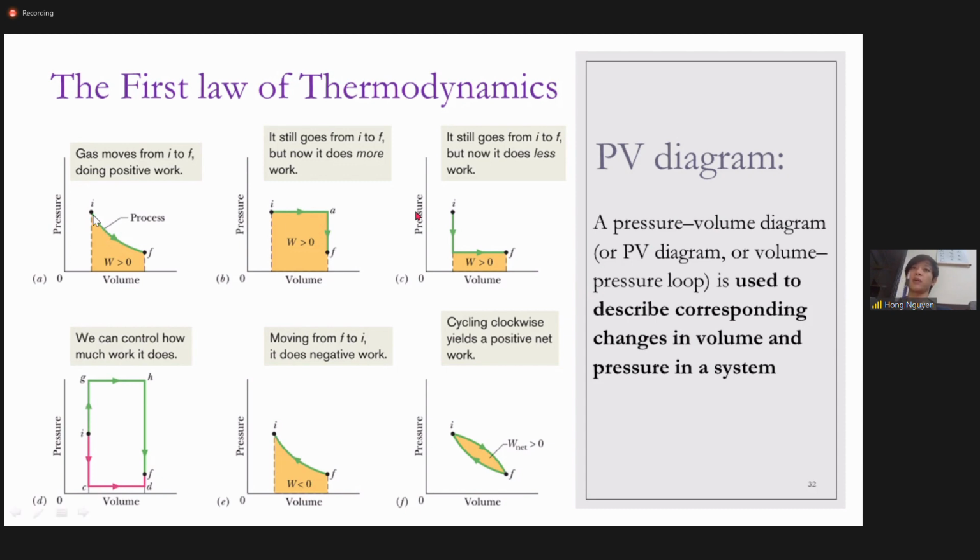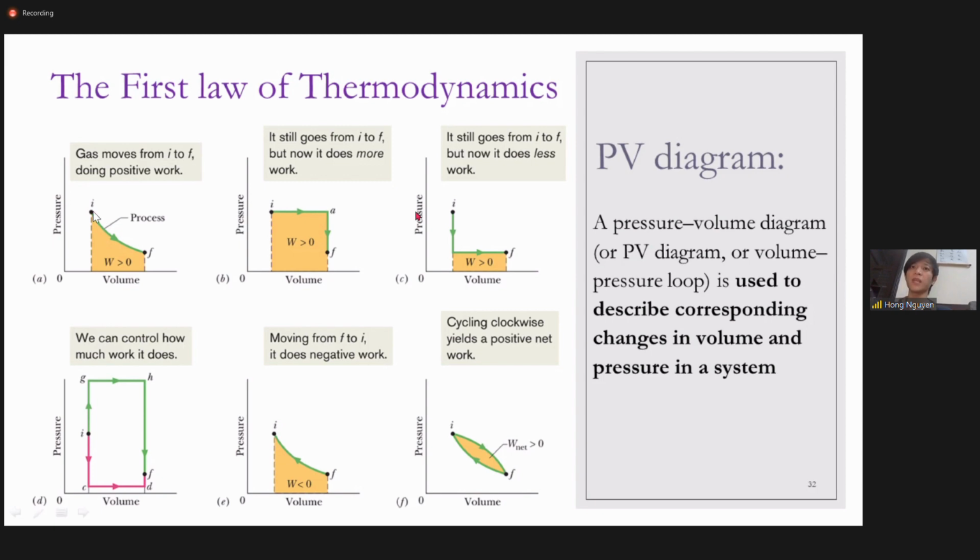Here in this case, we have a work done by the gas because the gas is expanding. The initial volume is smaller than the final volume. So we know that the gas is expanding, and when the gas is expanding, it will do a work. So we say that the work is done by this system. That's why we have a positive work.